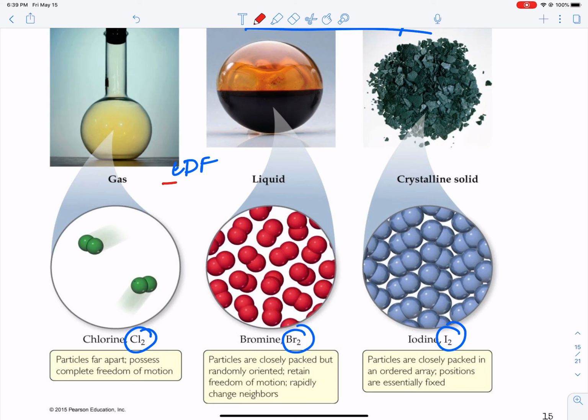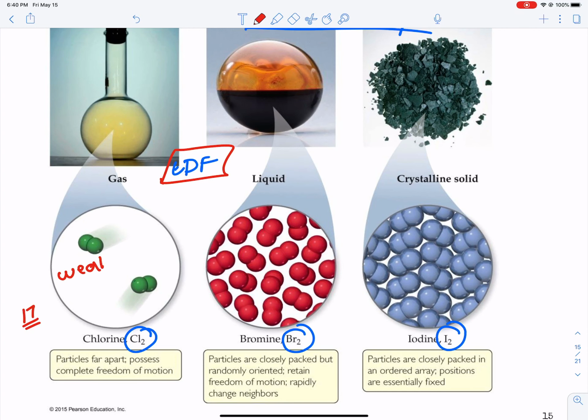London dispersion forces compared with the other ones are generally weak, but because chlorine only has atomic number of 17, Cl2 would only have 34 electrons. These would be comparatively weak London dispersion forces, medium London dispersion forces, and stronger London dispersion forces, which is what gives it the different properties of solid and liquid and gas at the same temperature.